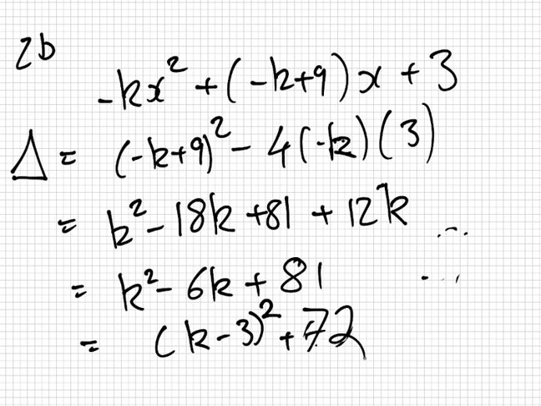Up the very top is my original quadratic, and underneath I calculate the discriminant. That's the discriminant, then that's it expanded, and for the last line I completed the square. So this here is my discriminant.